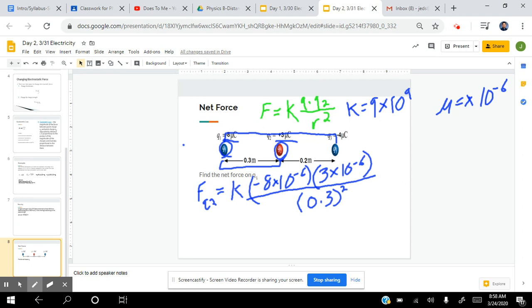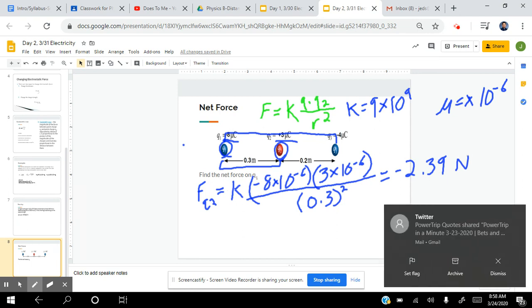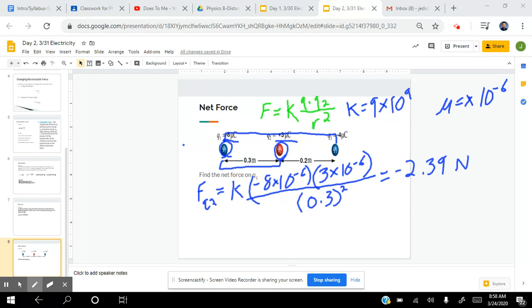So 0.3 squared. If you want to pause the video and calculate that out, you can. You should end up getting an answer of about -2.39 newtons. Okay, so keep in mind that because this is a negative force, this is going to be an attractive force.